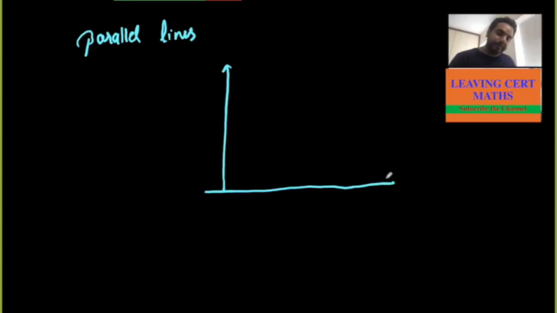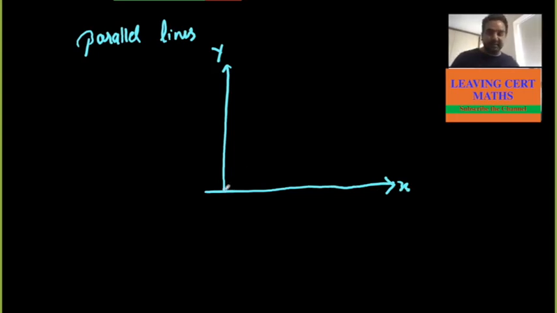Now tell me, what is the meaning of slope and with respect to what do we calculate slope? Any idea? No, I can't remember. The slope is always calculated with respect to the x-axis. Slope means how much incline.